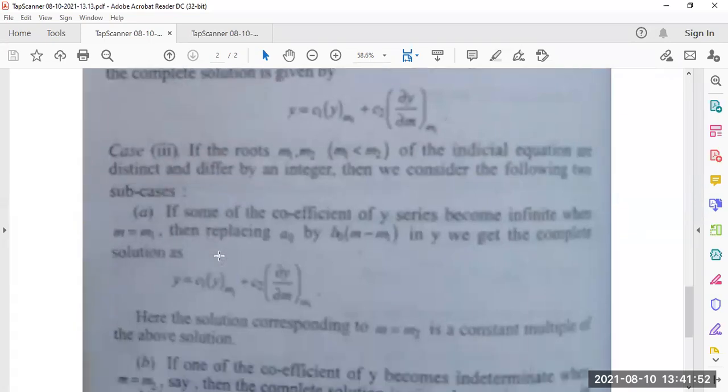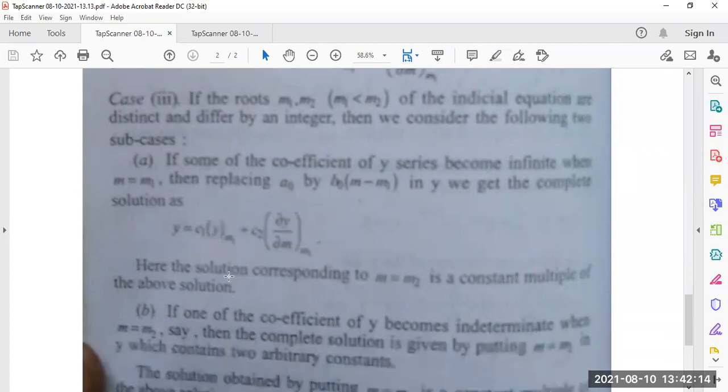Number 1: if some of the coefficients of the y series become infinite when m equals m1, then replace a naught by b naught into m minus m1 in y and get the complete solution. When we take an example, it will be clear to you. Then the solution is y equals c1 y at m1 plus c2 del y del m at m2. Here the solution corresponding to m equals m2 is a constant multiple of the above solution.